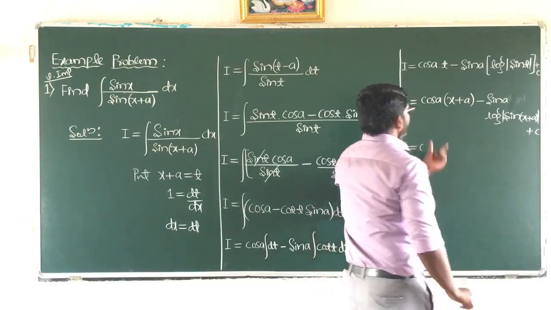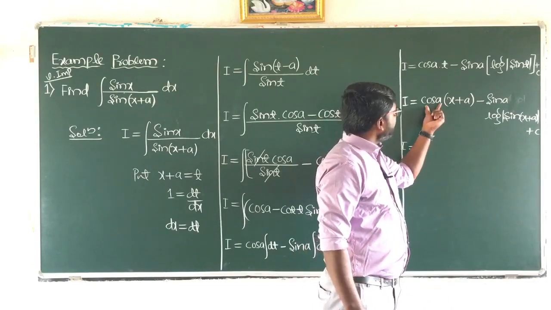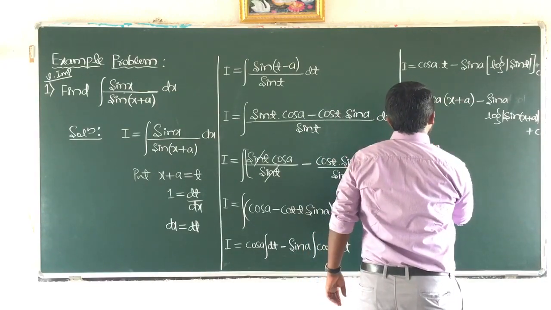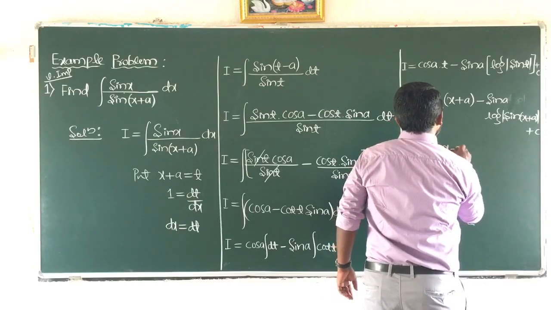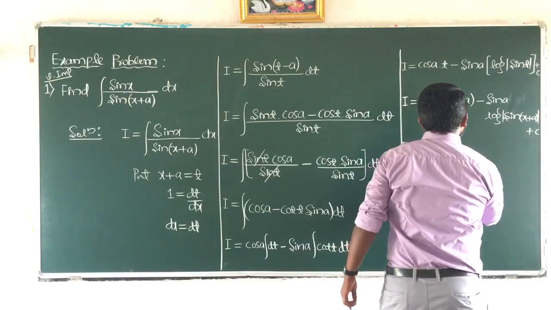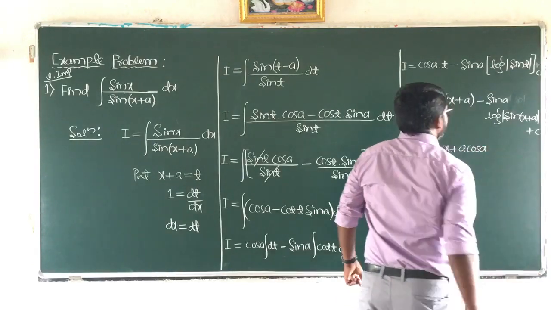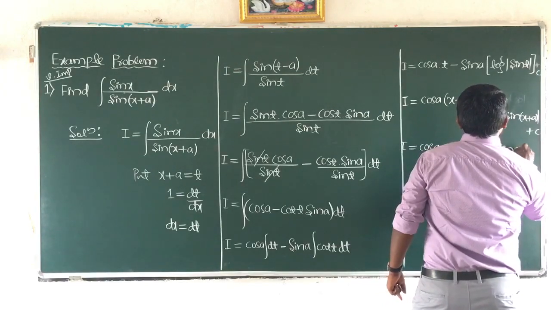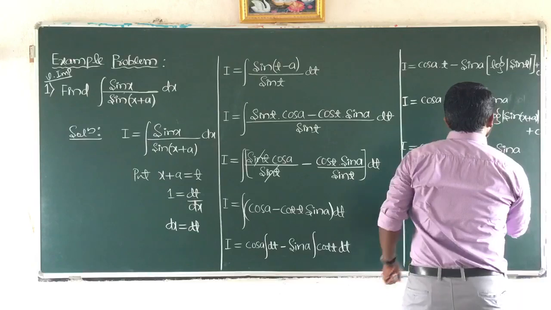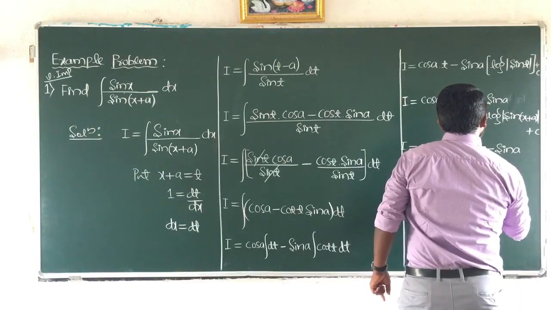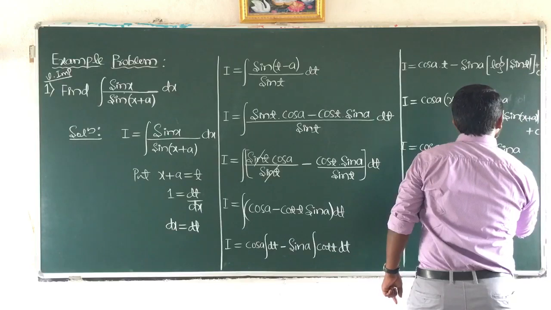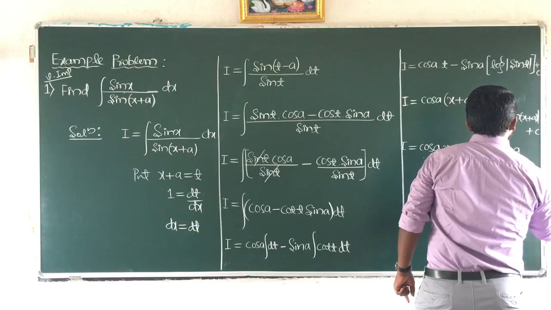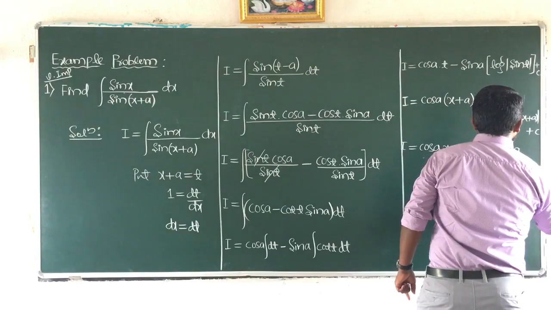So now I equals cos a. Now cos a is a constant. I am going to multiply cos a with these two terms. So we get cos a into x plus cos a into a, it is a cos a, then minus sin a into log mod sin of (x plus a) plus c.